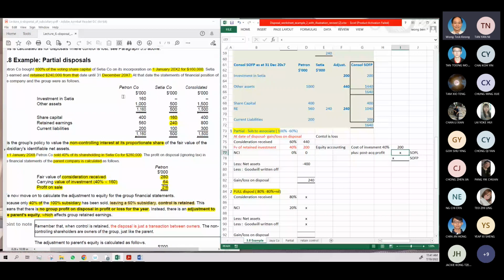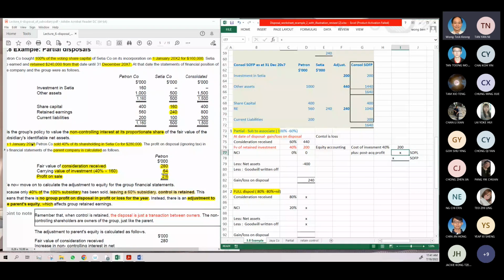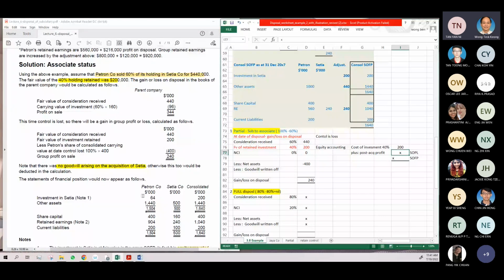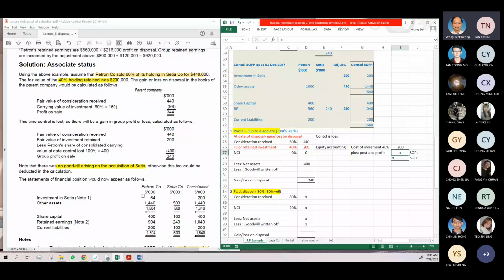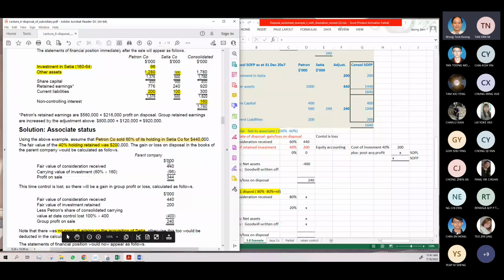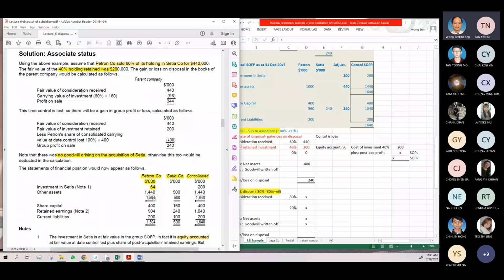Then 1st January X8. So for X7 you still have to consolidate. The next day then sold off. So you derecognize it on the 31st December X7, the very last day. So this is at the parent level, 64, because you sold off 160 value, you sold off 60%, you keep 40%.